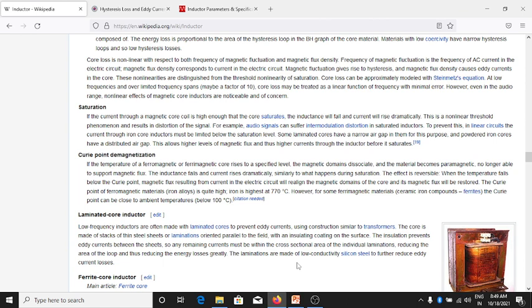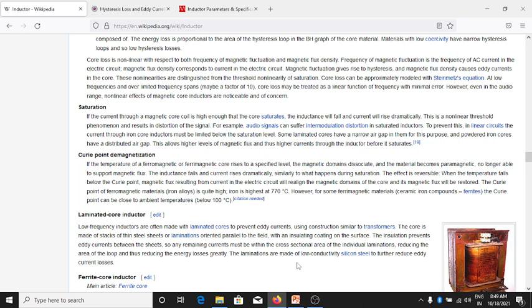If the current through the magnetic core coil is high enough, that is, the core saturates, the inductance will fall and current will rise dramatically. This is a nonlinear threshold phenomenon and results in distortion of the signal.